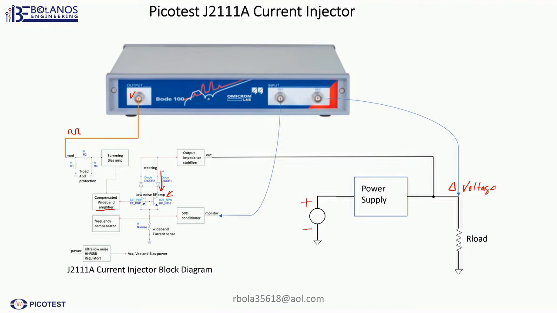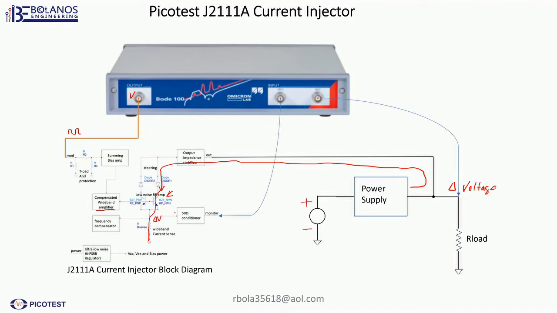And where does that current come from? That current actually comes from your power supply. So that current goes through the diode, through the transistor, and through this current sense resistor, so it develops a delta voltage across the resistor. The delta voltage is really a current.